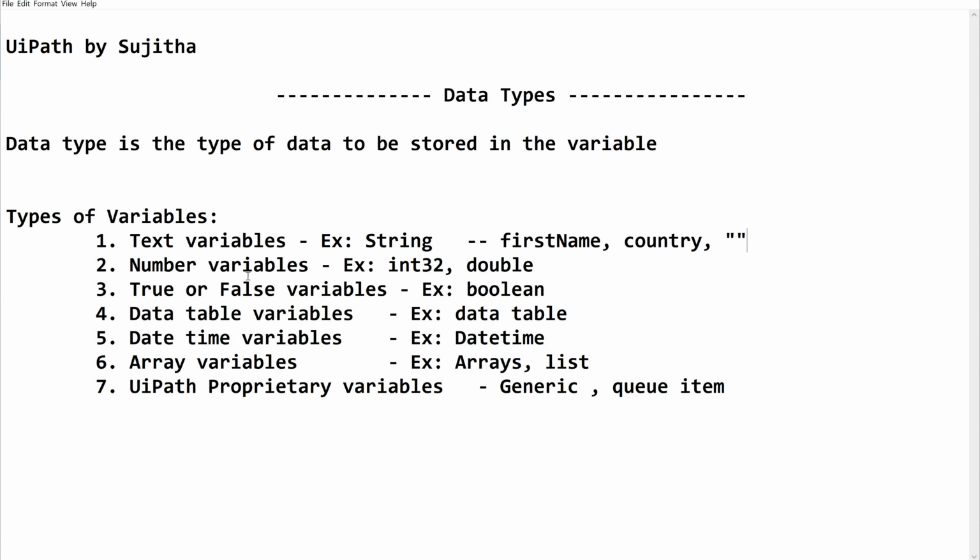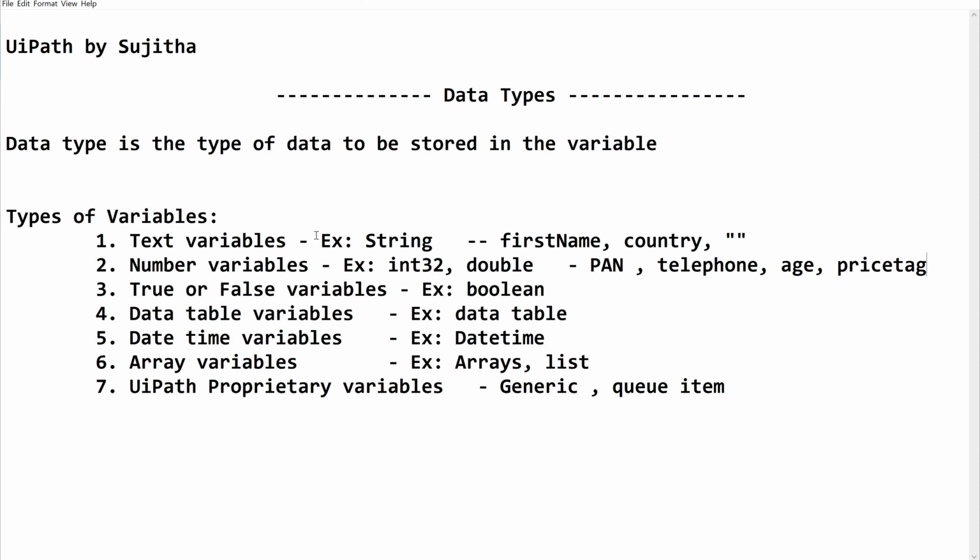Fine. Now number variables. Say for example, when I am filling a form, my PAN card number, or a telephone number or age, all these need to be stored as a number, right? Or the price tag, which will be a double. So these are nothing but number variables.